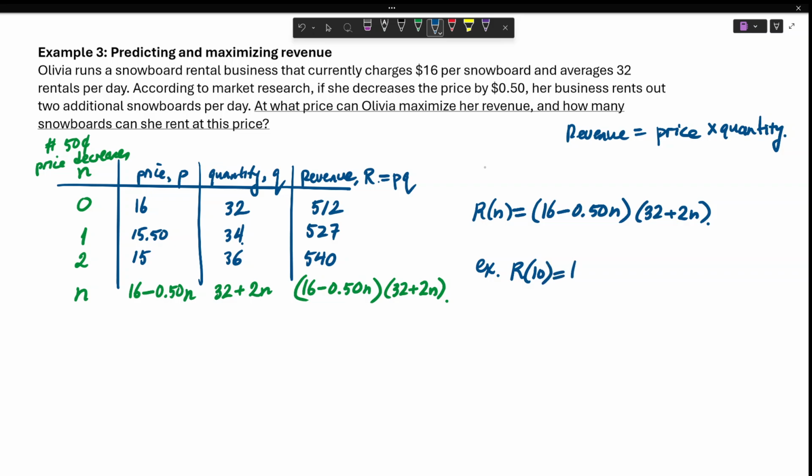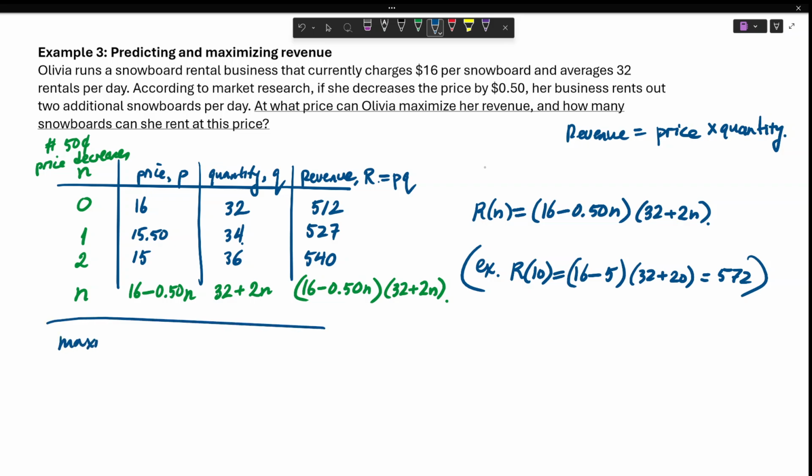So that would be R of 10. When you do that calculation, that would be 11 times 52. So it's 572, for example. So now what we want to know is, how do you maximize this? How do you optimize the amount of revenue?